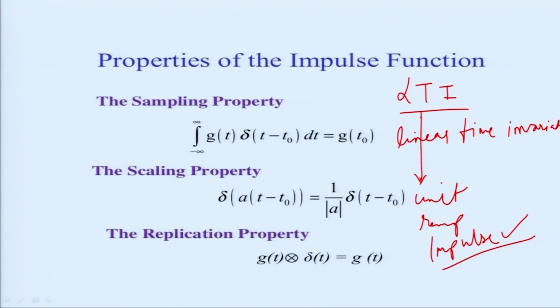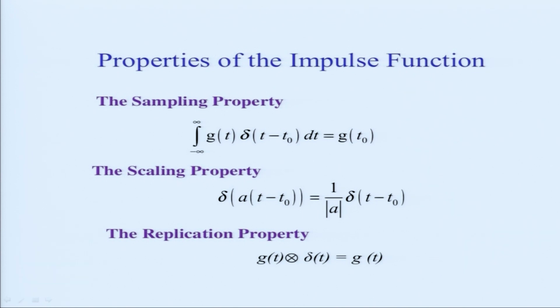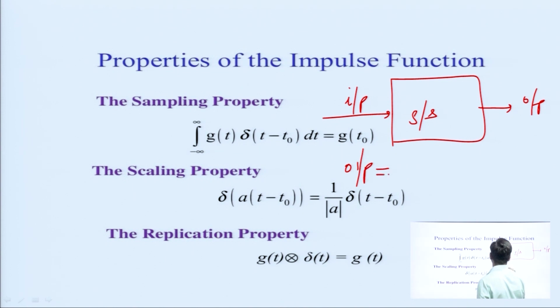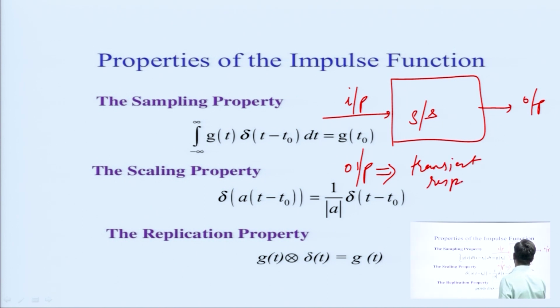What is the advantage of the impulse signal? See, basically, suppose there is one system, and you are providing one input and you are getting one output. The output consists of two parts: the transient response plus the steady state response.